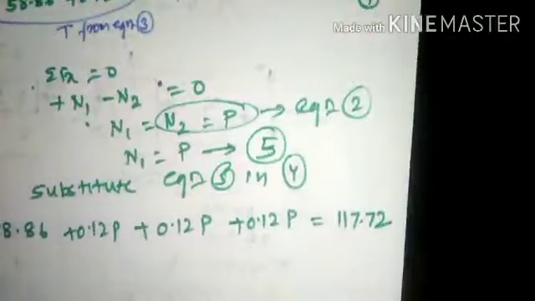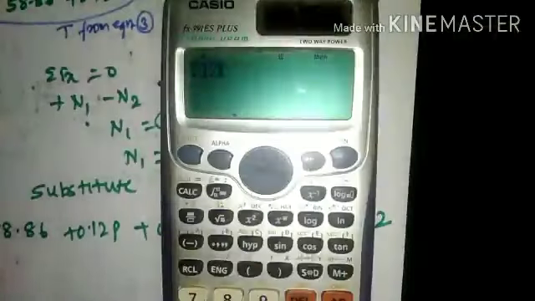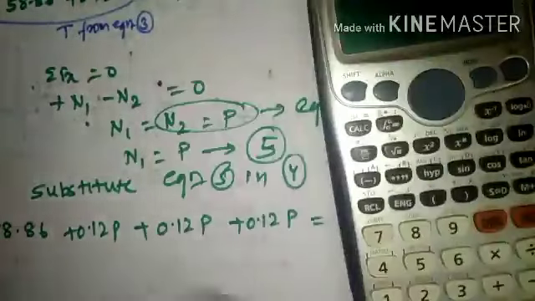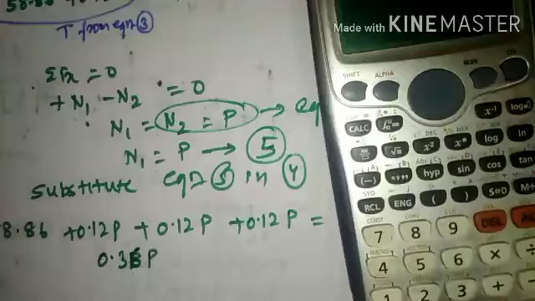So we shall solve this part. 0.12 plus 0.12 plus 0.12 comes out to 0.36 times of P.